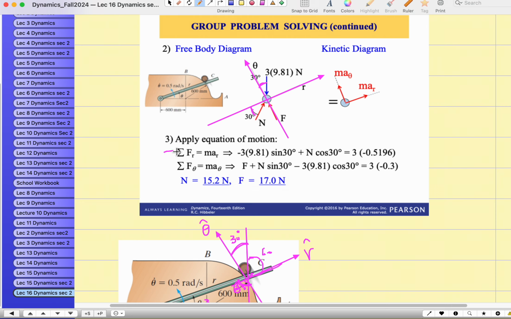You apply Newton's second law for the radial and transversal unit vectors, as you can see. Let me show you over here. This is N sine 30.